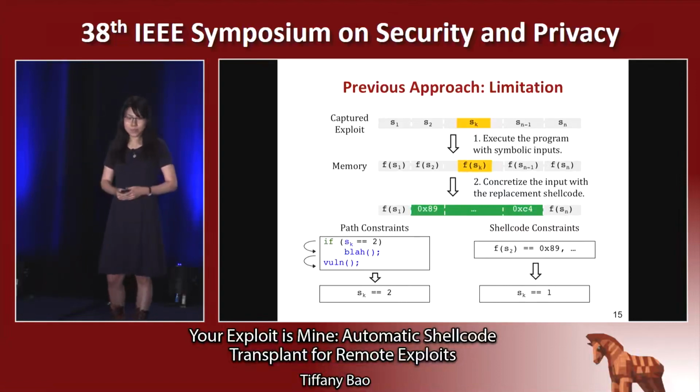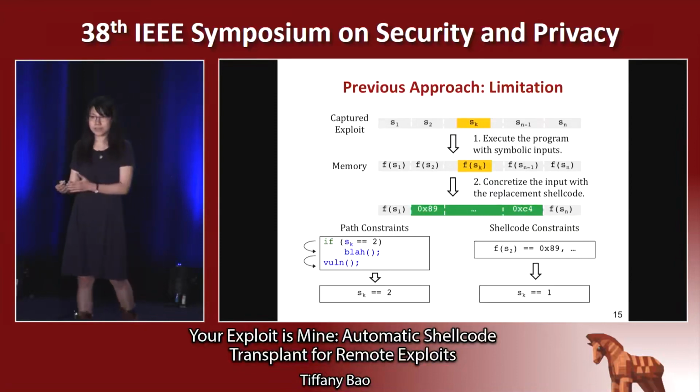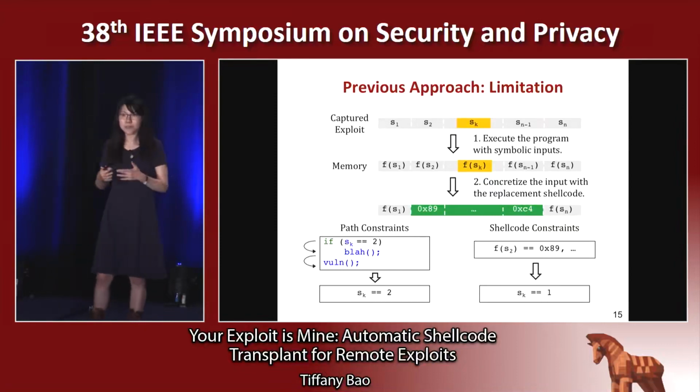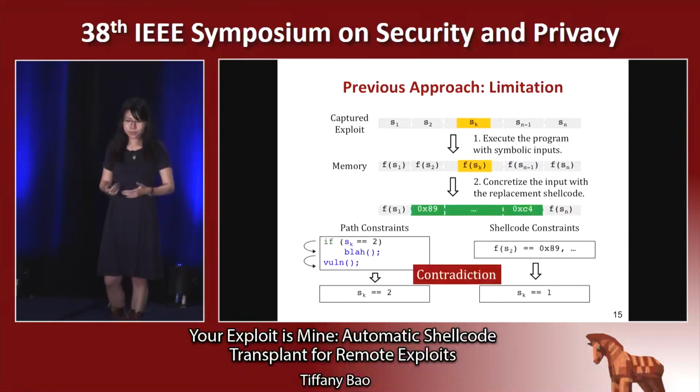In this case, we don't have to make sk equal to 2. However, when we do symbolic execution, the symbolic trace goes into this if statement and comes up with this constraint saying sk is equal to 2. So the question is, how are we going to resolve those contradictions?